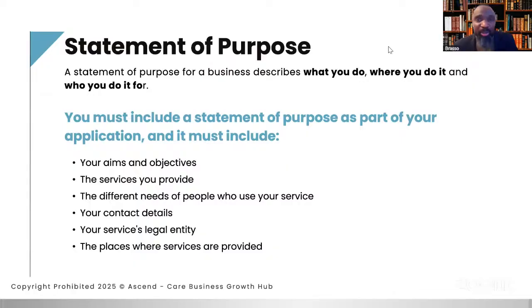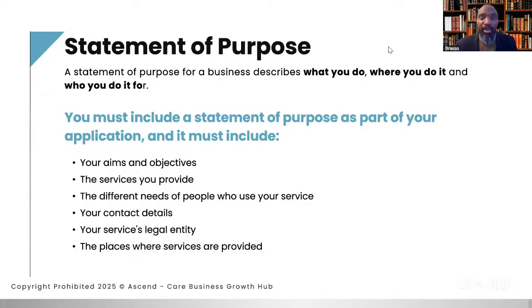But for the purposes of CQC, the location, if you are doing supported living, is the office where your services are managed from, which means if you want to use the accommodation where your service users are going to live as an office, it's okay.